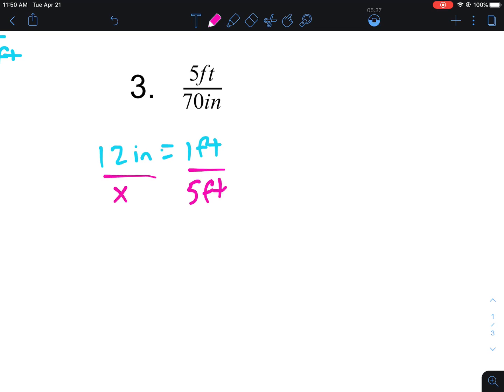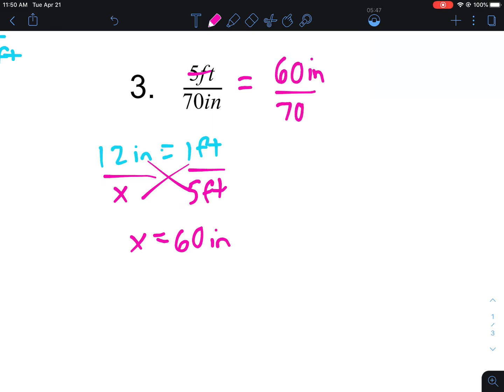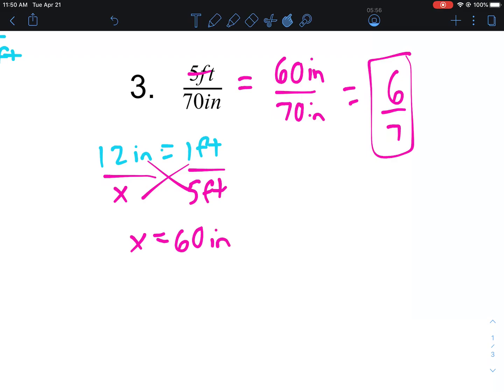Again, you probably understand that you're just going to multiply by 5, and that's 60 inches. So this becomes 60 inches over 70 inches, and a 10 can be divided out of both of these, leaving you with 6/7. So again, usually there's a clear choice. I would choose to change 5 feet in this case.